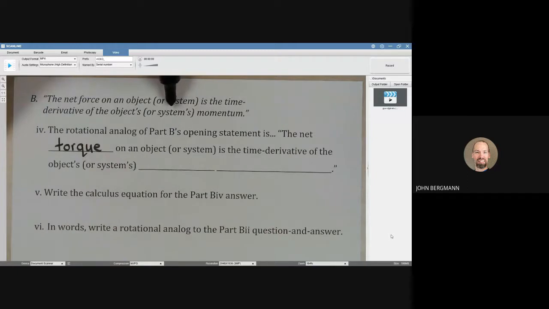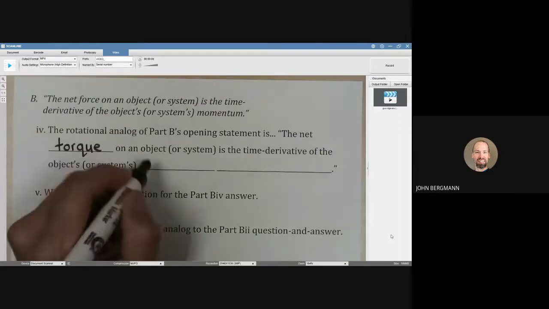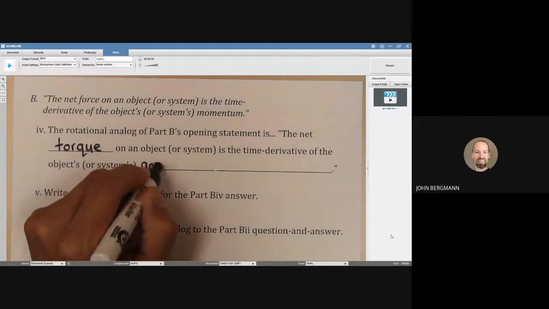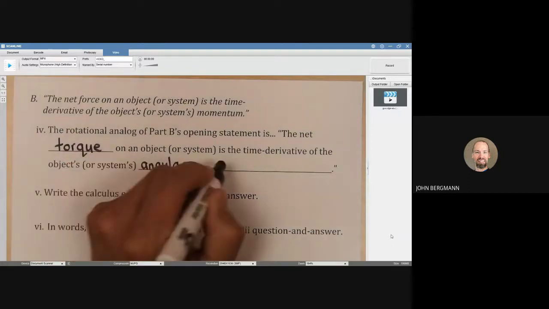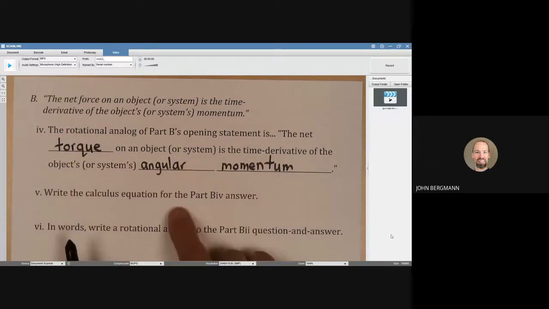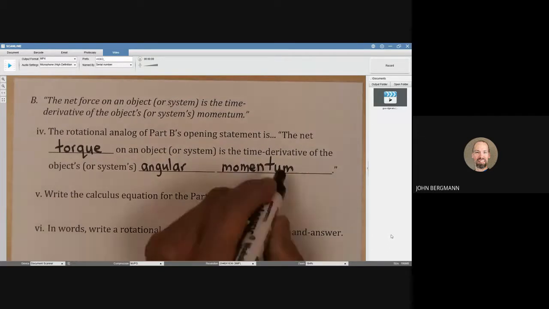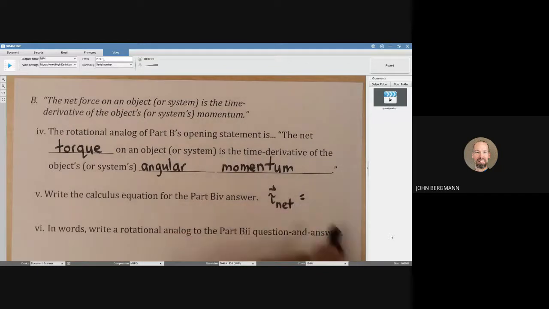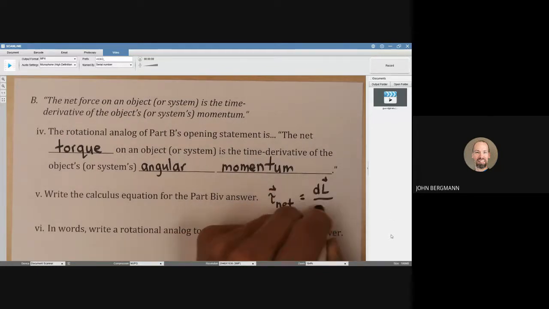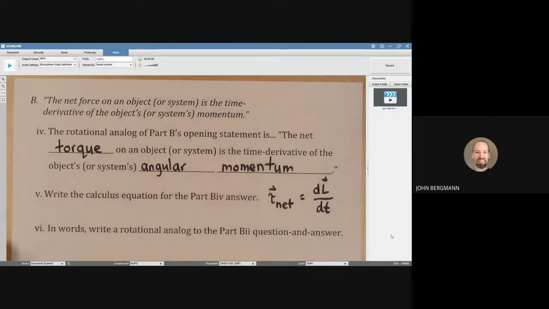When we're talking linear motion, it's force and momentum. When we're talking rotational, it's torque and angular momentum. What would the calculus equation look like for this? The net torque is equal to the time derivative of the angular momentum.